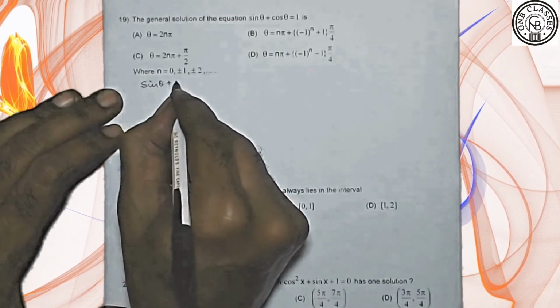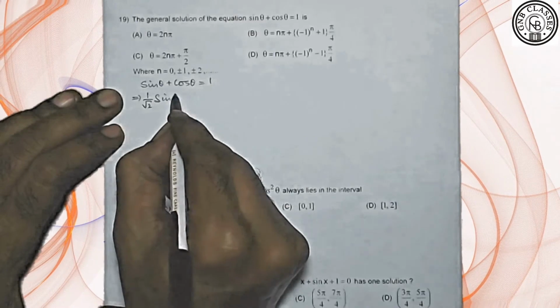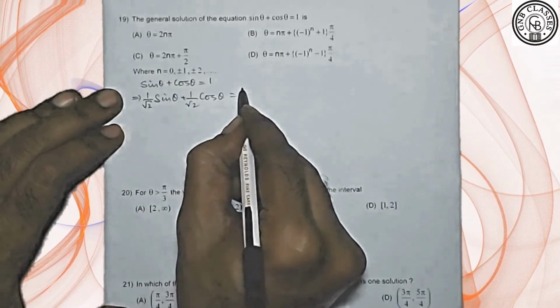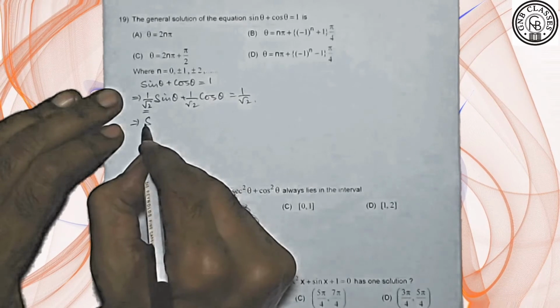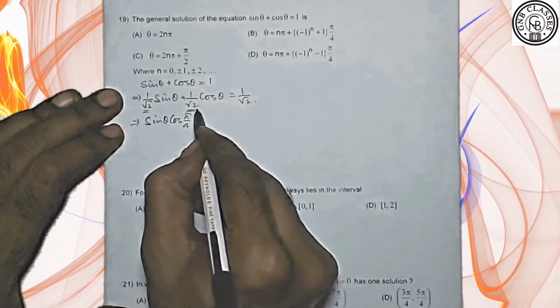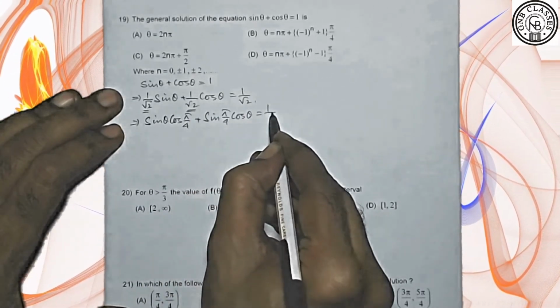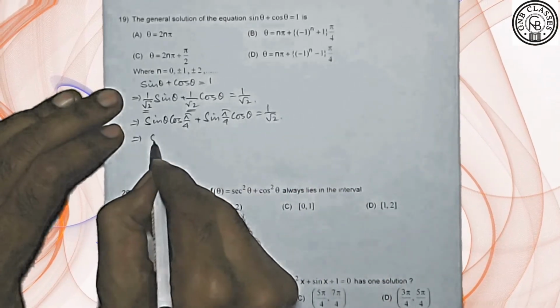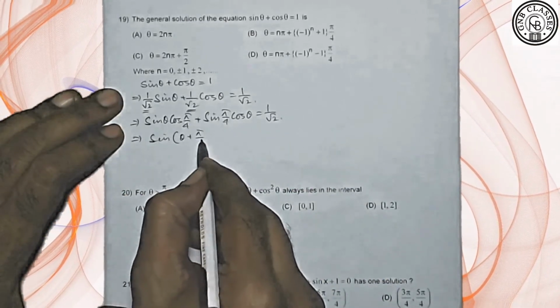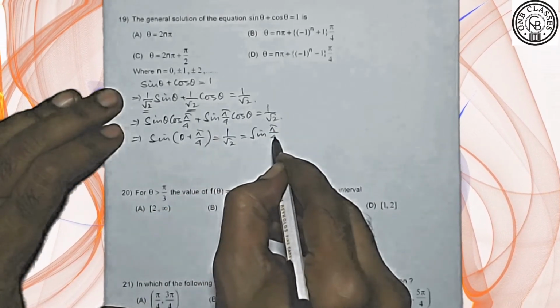We have to find the general solution of sine theta plus cos theta is 1. So let me divide both sides by root 2. So we are having this 1 by root 2 can be replaced by cos pi by 4, and this 1 by root 2 can be replaced by sine pi by 4. That will yield the formula of sine theta plus pi by 4 is equals to 1 by root 2, which is nothing but your sine pi by 4, correct?